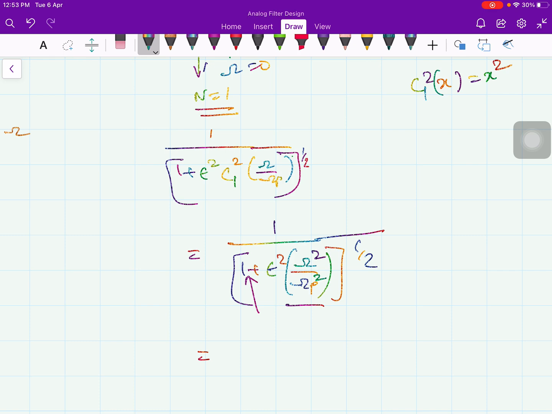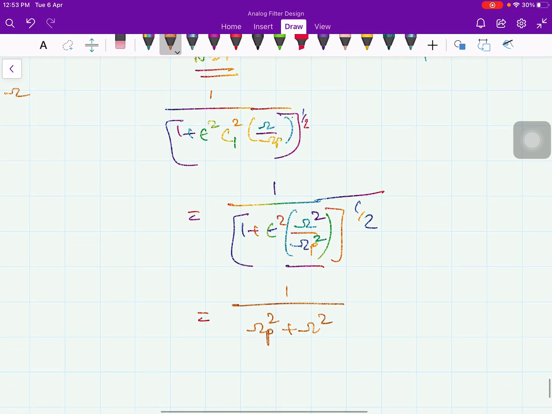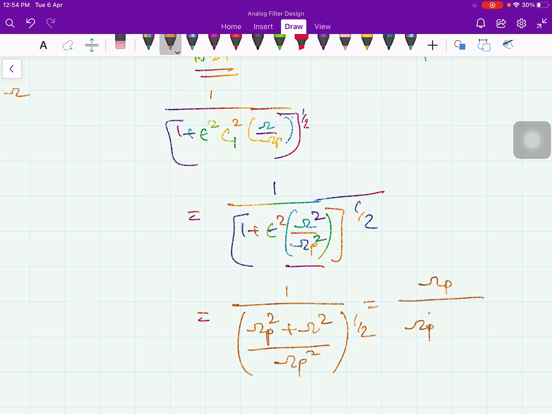Okay, omega square by omega p squared. So I'm sorry, let it be, I beg your pardon. So 1 divided by omega p squared plus omega squared by omega p squared, whole to the power 1 by 2, and this is omega p divided by omega p squared plus omega squared, whole power 1 by 2.